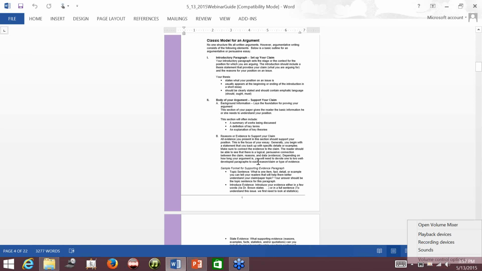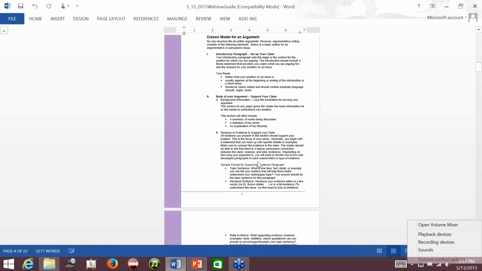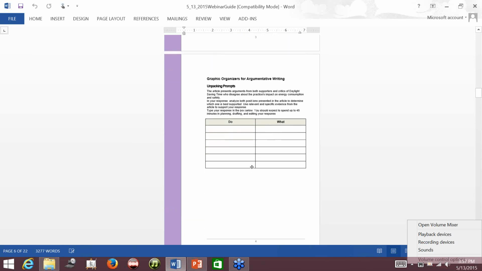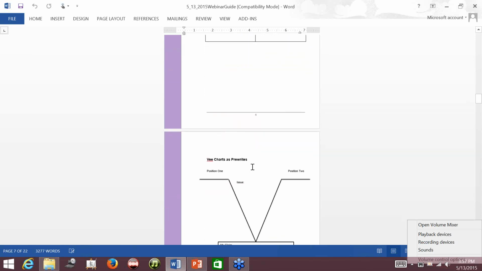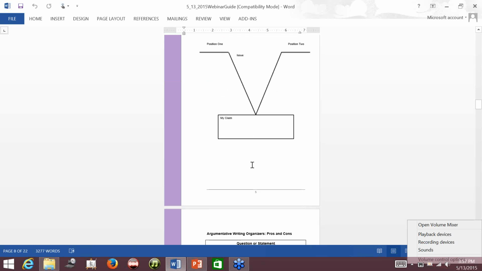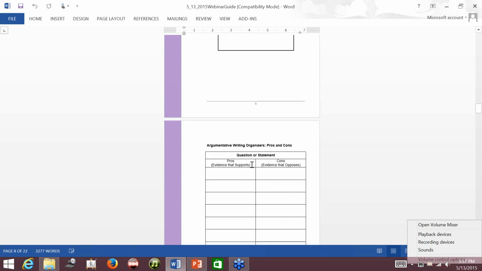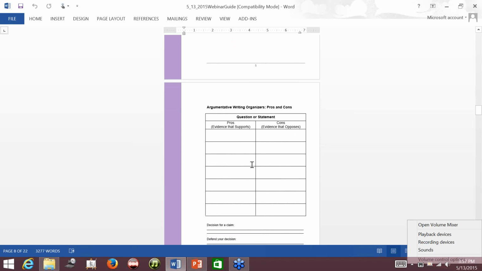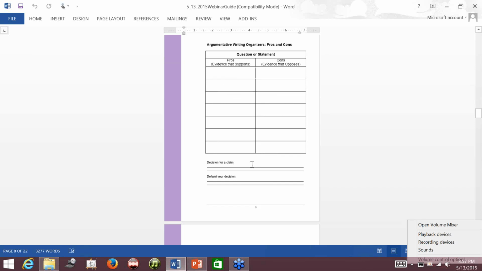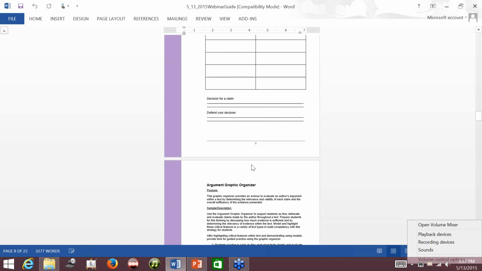And then you have a number of graphic organizers that we discussed. Like most of us, you won't use all of them, but you may find something that works very well for you and you say, that one is my favorite. So note that things like the V-chart and the pro-con are all the types of things that you can use to get students started in analyzing and evaluating an argument.